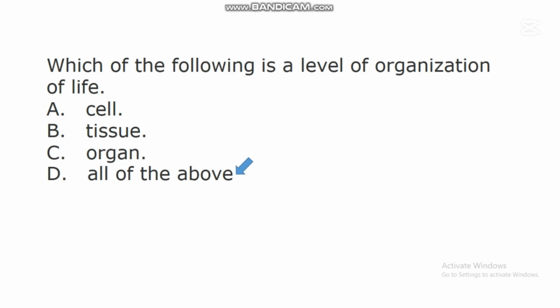There are different levels of organization of life. The cell is the first level, followed by tissue, organ, and system. So the cell, tissue, organ are different levels of organization of life.